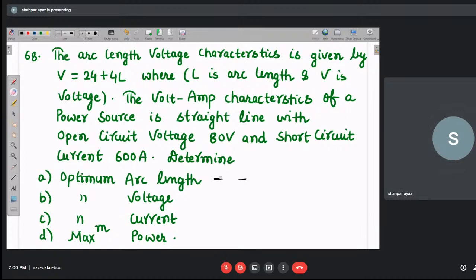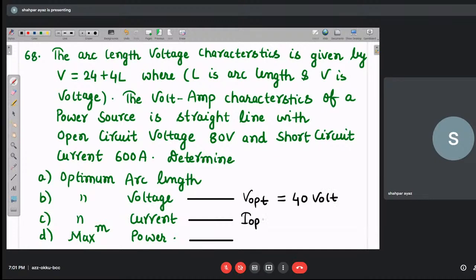See, first, short circuit current and this is your open circuit voltage. 600 by 2, maximum power.